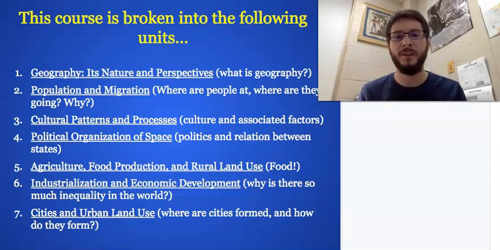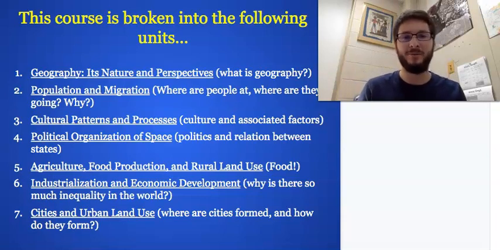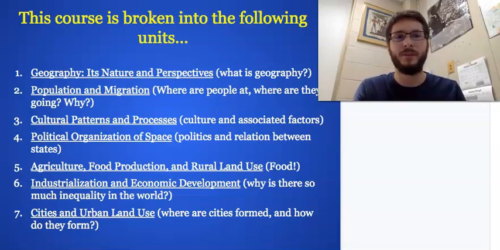Unit 5 is the food unit. We'll look at farming and agriculture types throughout the planet, see what different agricultural styles are found in different places in the world, and then also where does our food come from, right? If you ate some chocolate this morning, we're going to find out where that came from.